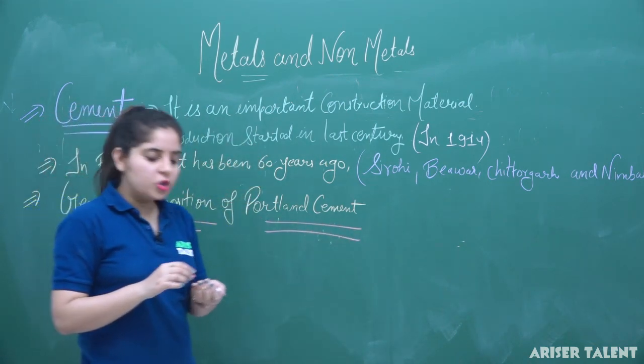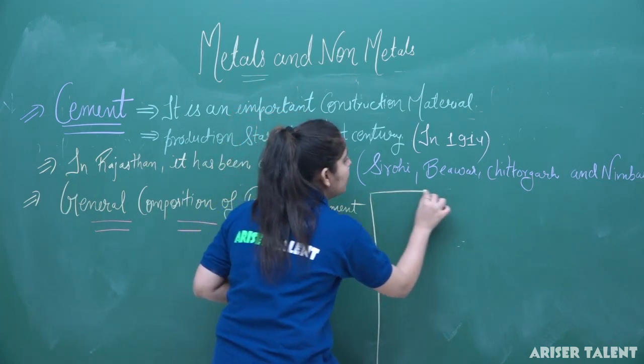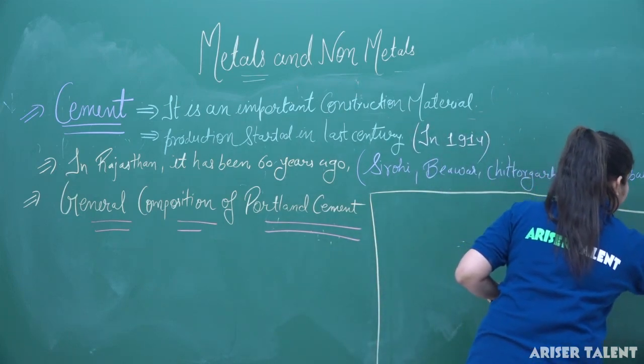So in the general composition of the Portland cement, what are the constituents? I am writing the basic things here.